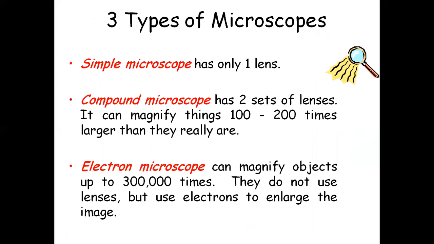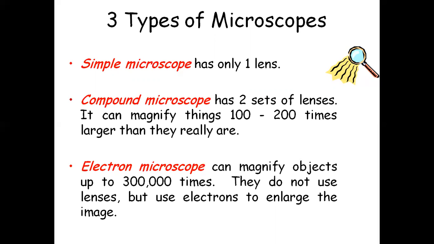So there are three types of microscope generally used by researchers. First one is the simple microscope which has only one lens. Then the second one is the compound microscope which has two sets of lenses.